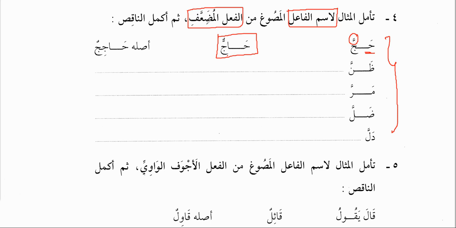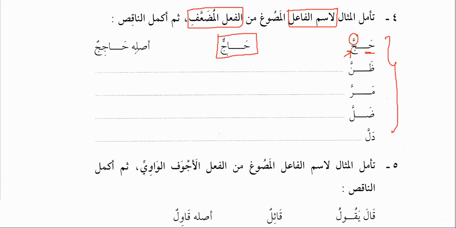So now we will form ismun fa'il. We are going to make ismun fa'il from what type of verbs? Fi'l mudha''af. These verbs are called fi'l mudha''af because the end letter has a shadda. They are doubled, overlapped letters. So let's see how we get this structure.